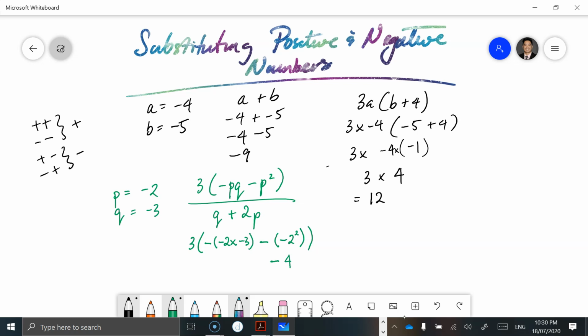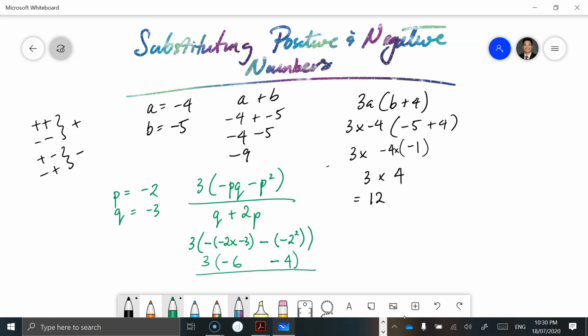And p times q is minus 2 times minus 3. Negative times a negative is a positive, so we have 6. And we want the negative of that, so we want minus 6. I'm going to reintroduce the brackets just to tidy things up. Notice that I haven't done anything at the bottom yet, which I will do now.